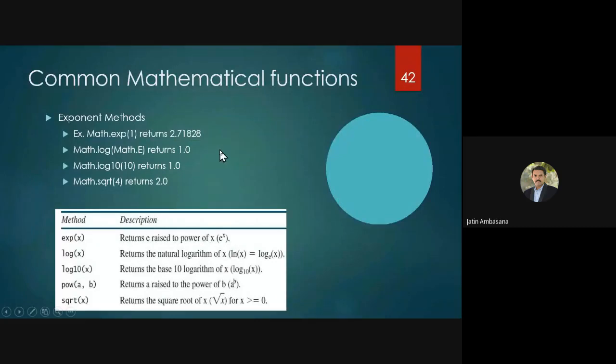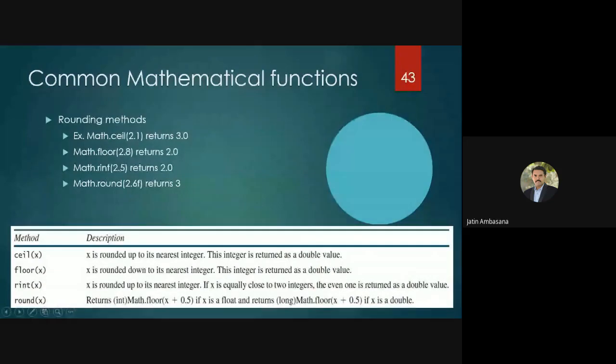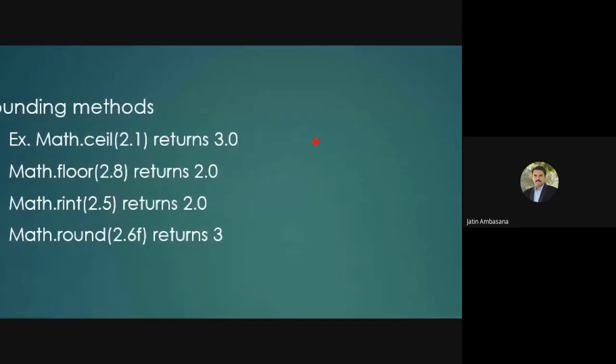Now there are some other mathematical functions which are very important. You see math.ceil and math.floor, these are very important. Check how this works. Math.ceil will take your value up.